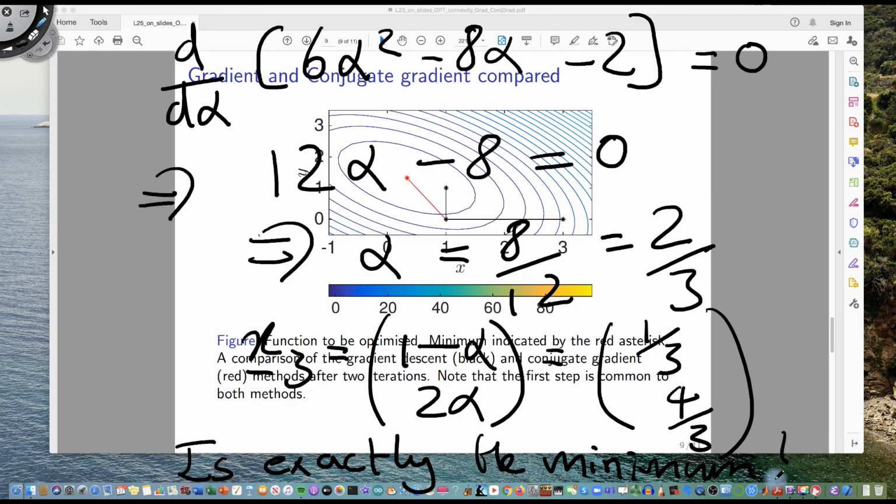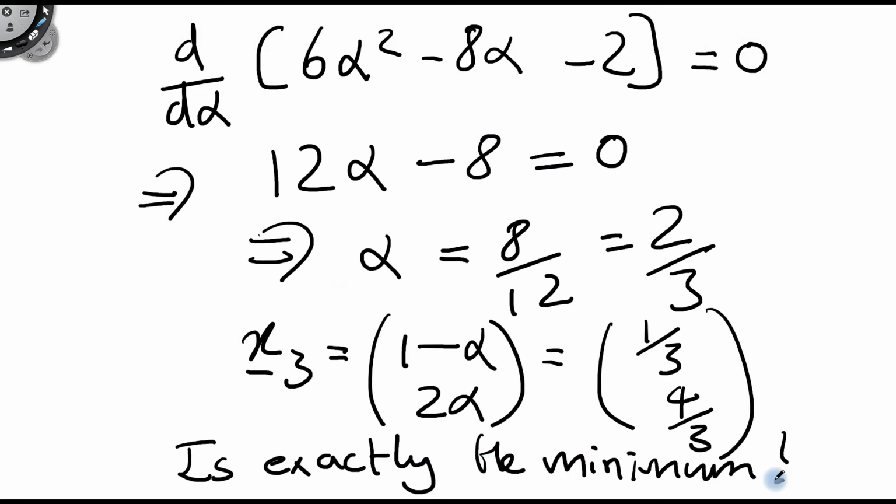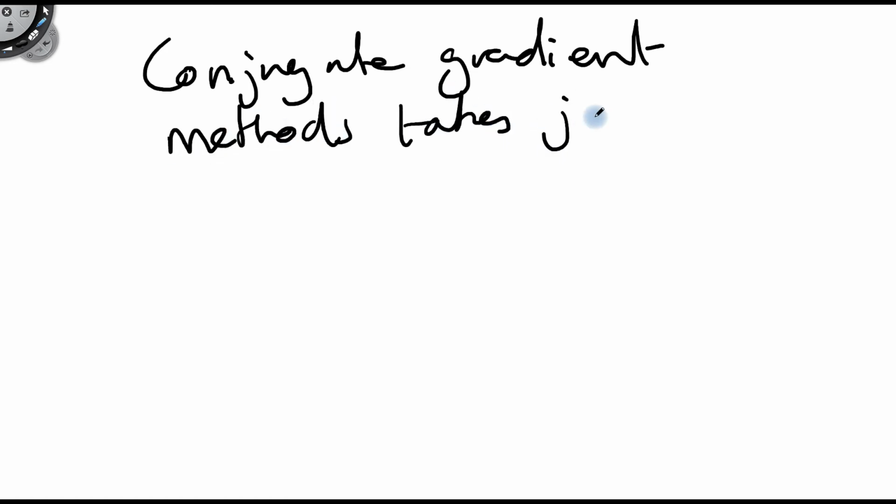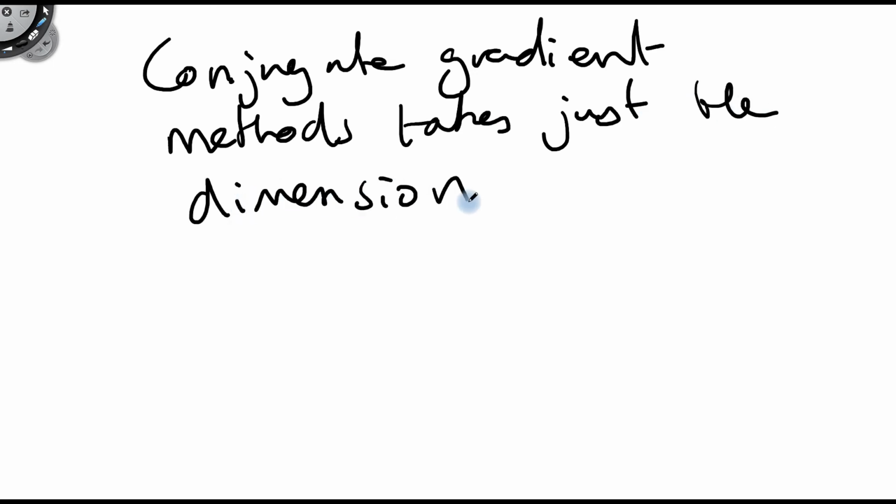Just keep an eye on the time. So what the conjugate method has done, by using the Hessian to find the two search directions, rather than endlessly going in orthogonal directions like gradient descent, is take us exactly to the minimum. So it turns out the conjugate method takes just the dimension of the function number of steps.